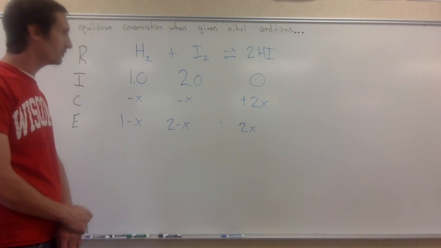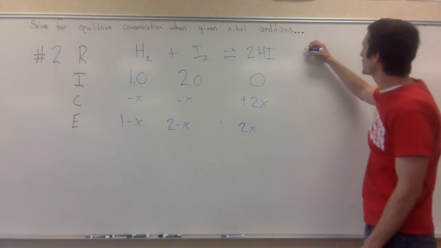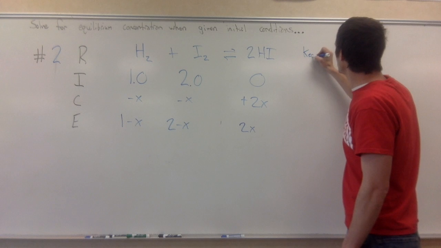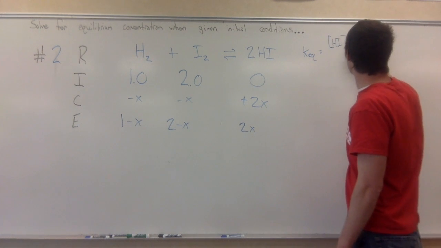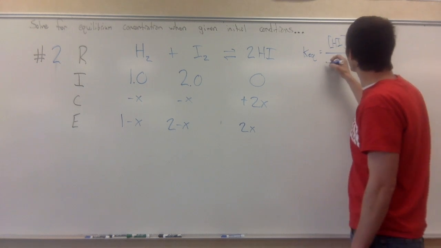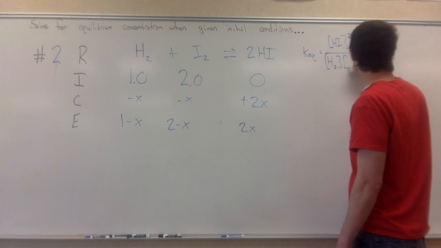Next thing you want to do, we're going to write out my KEQ expression. So, KEQ is equal to HI squared over hydrogen times iodine.